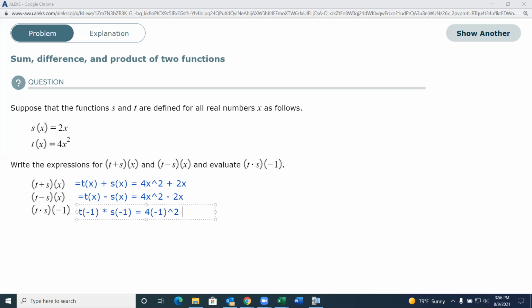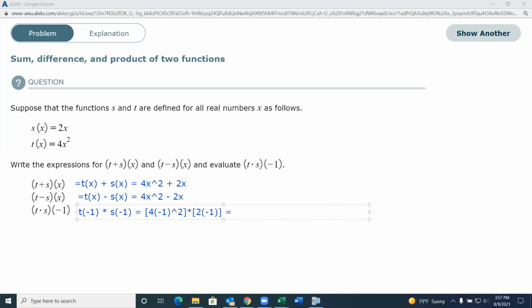And you know what? I should probably put brackets there. Yeah, that'd be cool. Let's see if this button works. It does. Cool. All right. And then I want to go, then I need to multiply that by s of -1, which is 2 times -1. Okay.